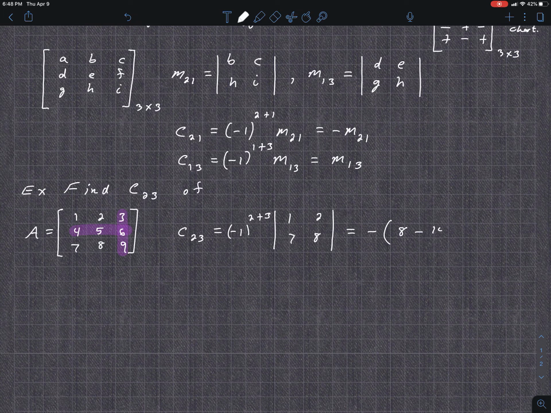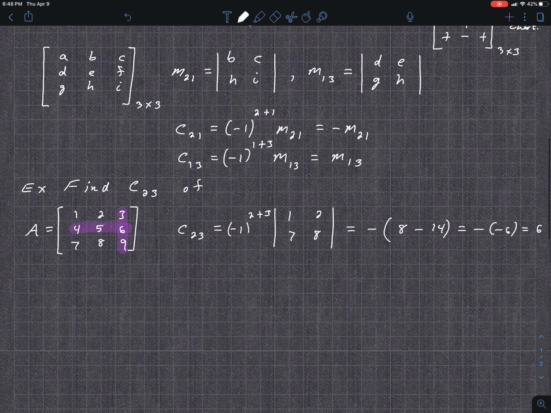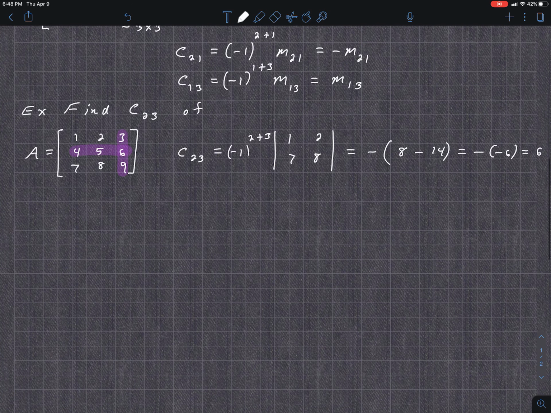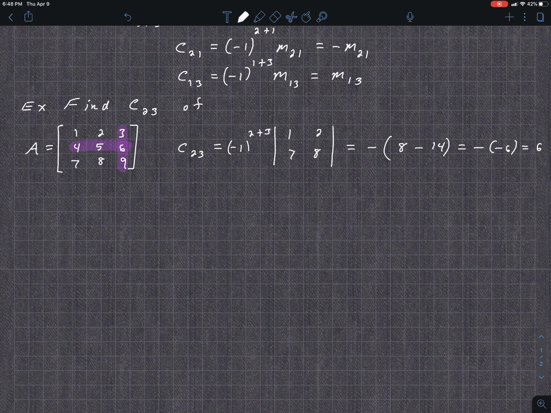And then we can do that actual calculation. That's negative, times 8 minus 14, which is negative 6. So it's negative negative 6, which is 6. So that cofactor is 6.